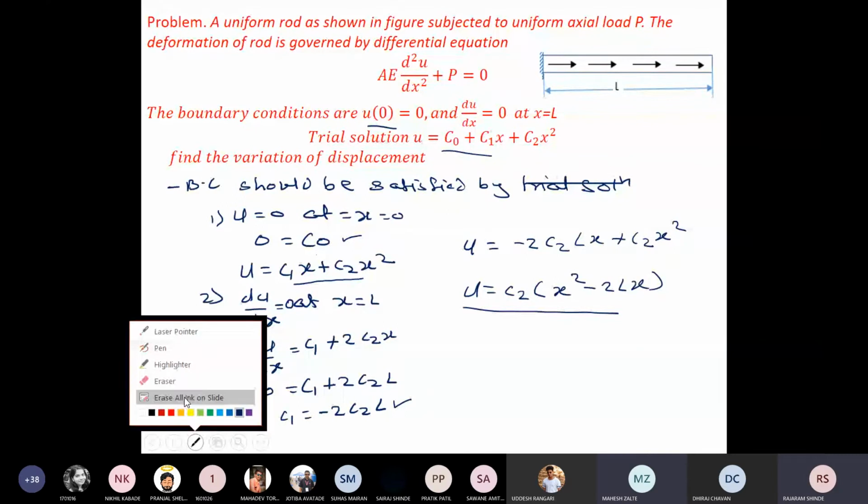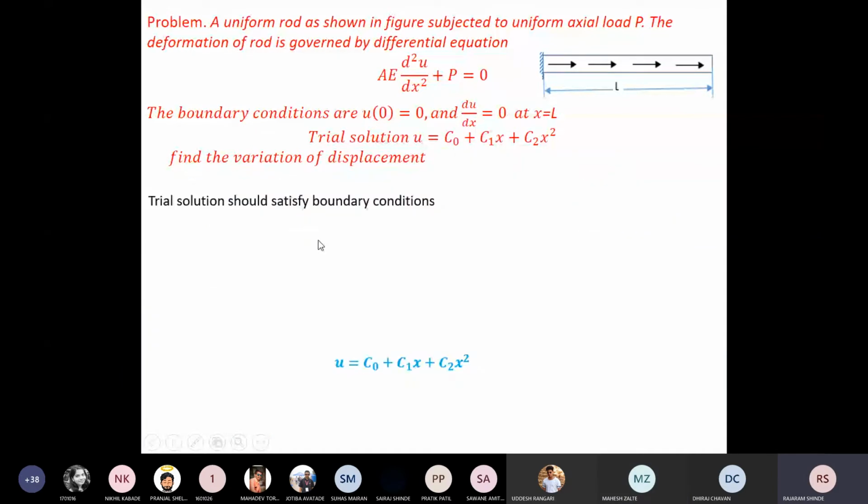Understood. I will show you again. You see here, the trial solution should satisfy the boundary conditions. Means you have these two boundary conditions, this one and this one. According to the first boundary condition, x is equal to 0, u is equal to 0, therefore c0 is equal to 0. When we put x is equal to 0 in this equation, you will get c0 is equal to 0 because u is equal to 0 at x is equal to 0. Next, at x is equal to L, du by dx is equal to 0.